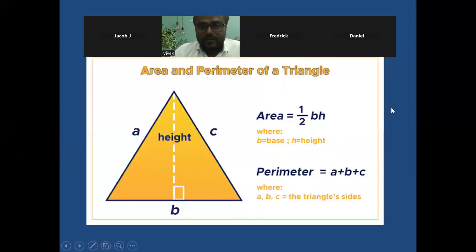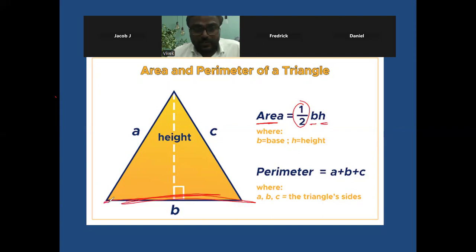Now, let's move on to the next topic, which is easy peasy lemon squeezy. Area and perimeter of a triangle. So you guys might be knowing this. Let me just review it a little bit faster for you. Area of a triangle will be equal to 1/2 times base times height.